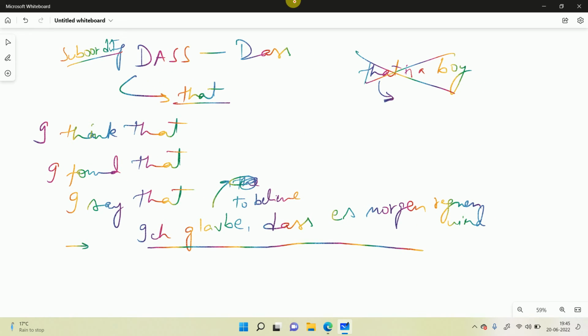Also, was habe ich gerade erwähnt? Ich glaube, das heißt I believe. That is, glaube means to believe. Dass is again a subordinating conjunction. Es morgen regnet wird. Now, wird is a new word because it is a future tense. So let us keep this for a while.